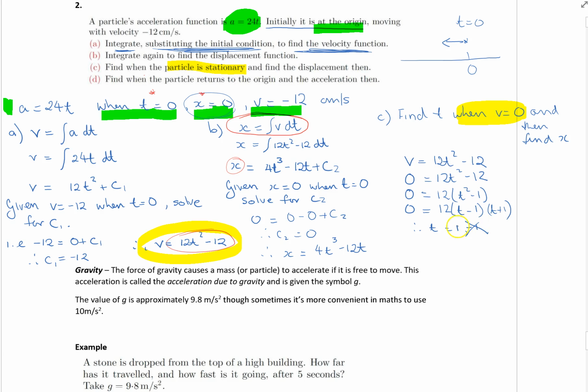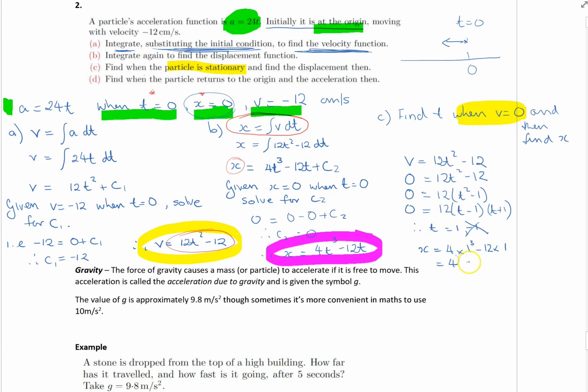So in this case, we only have to consider one time value, and after 1 second, the particle must have stopped. So this is when we're going to find what its displacement actually is. We got from here our expression for displacement, and that is 4 times your time cubed, 1 cubed, minus 12 times 1.